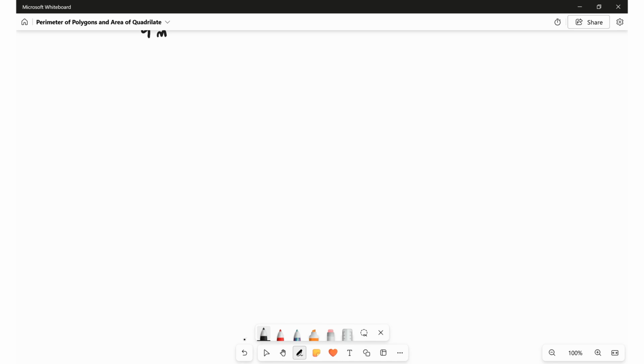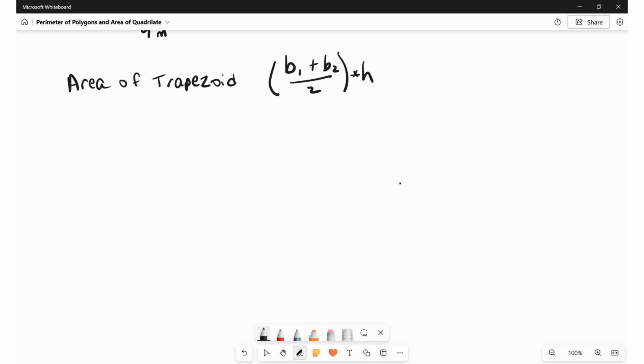So, area of a trapezoid. We have a formula, and it is base 1 plus base 2 divided by 2 times the height.